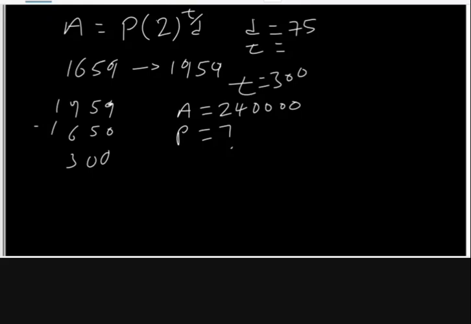The question can be structured like this: if the population of a town doubles after every 75 years, find the population of the town at the beginning, if the population at the end of 300 years is 240,000.